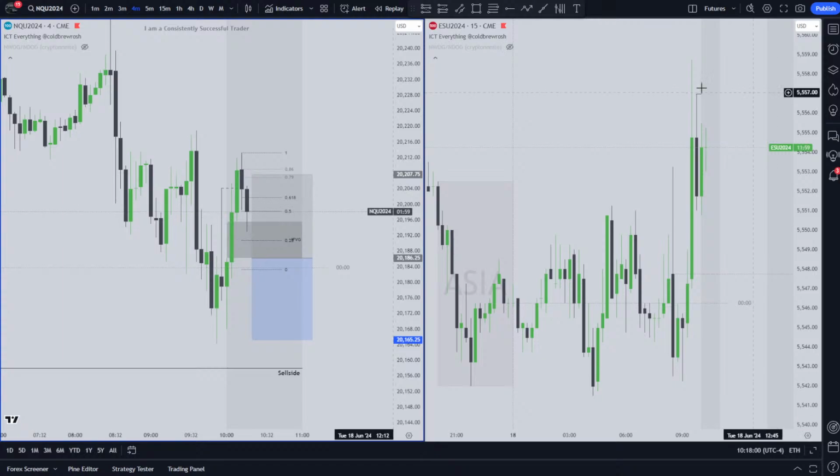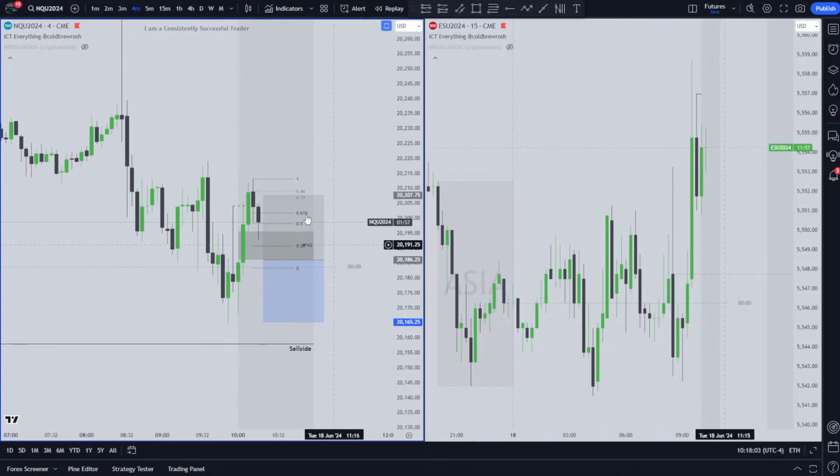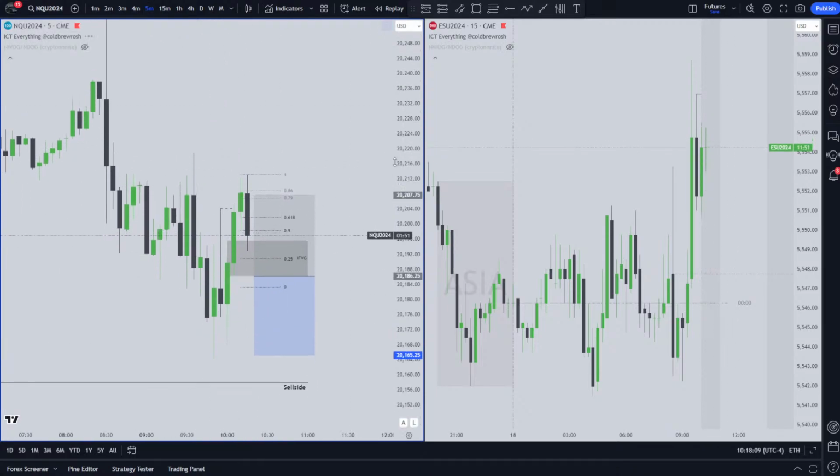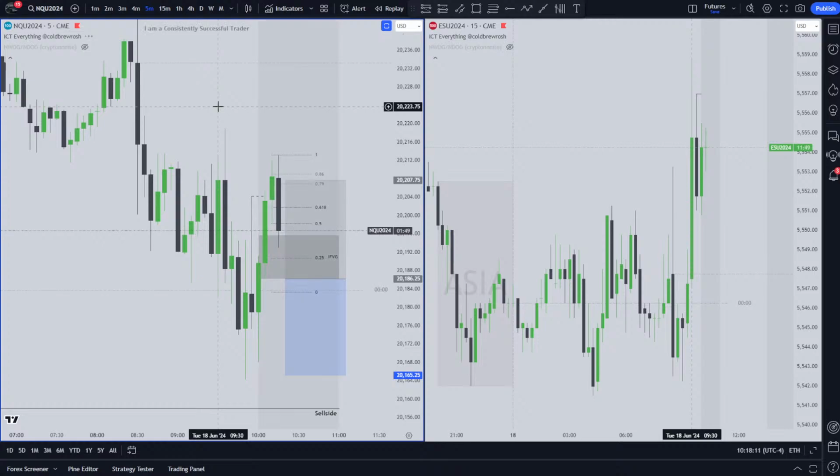Okay. Or is it just what's the 5 minute showing? Okay, so there is a 5 minute buy side imbalance. There is a market.